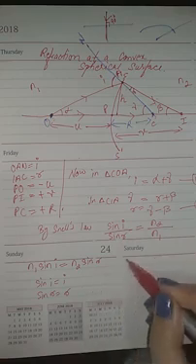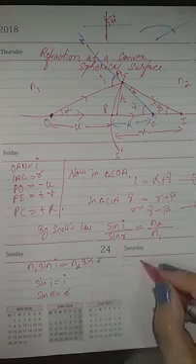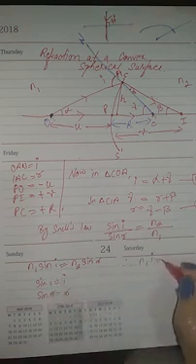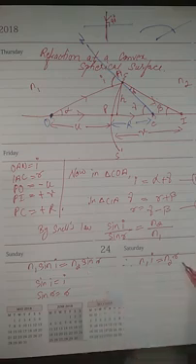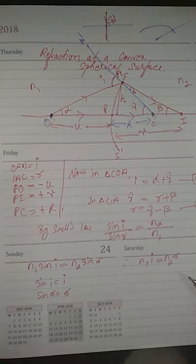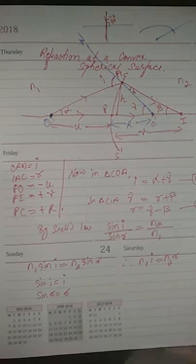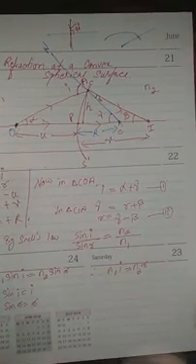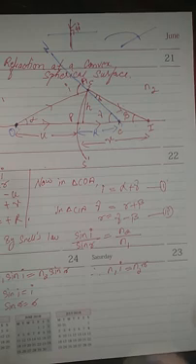Therefore this equation becomes n1 times I, in place of sine I, equals n2 times R, in place of sine R. Now we substitute the values of I and R from equations number 1 and 2.